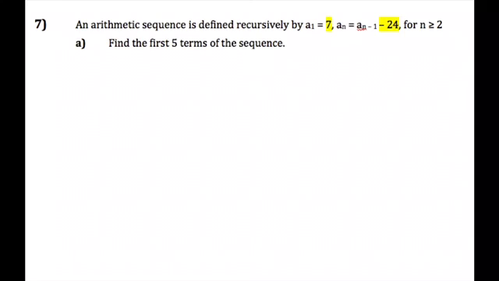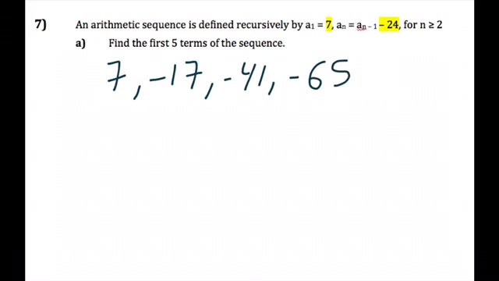Okay, let's go through this. So for your first 5 terms, you should have had 7, comma, negative 17, comma, negative 41, comma, negative 65, comma, negative 89, dot, dot, dot.